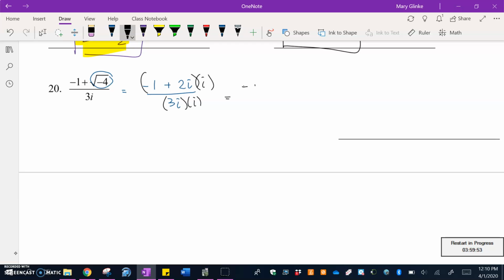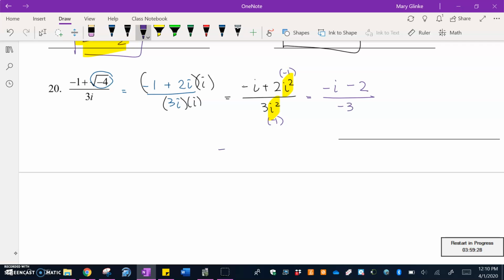My numerator becomes negative i plus 2i squared. When I distribute, my denominator becomes 3i squared. Everywhere I see an i squared, I have to change that to a negative 1 and simplify. This becomes negative i minus 2 over negative 3.